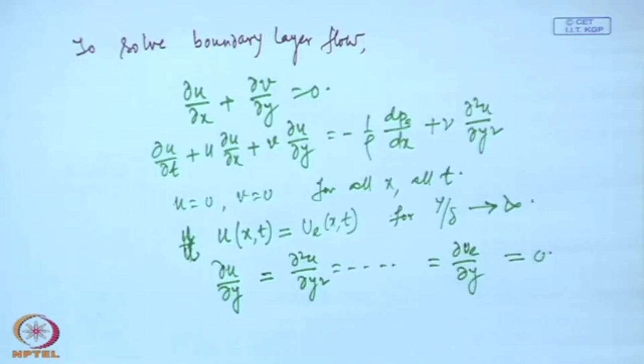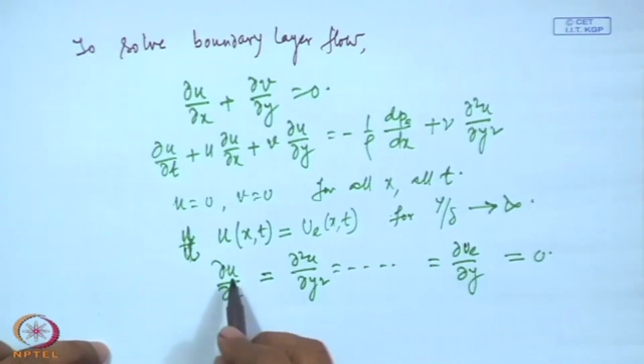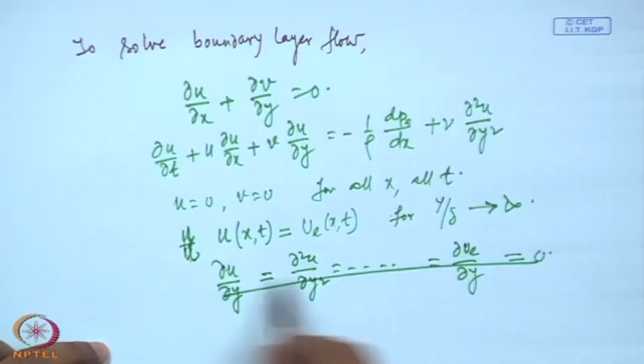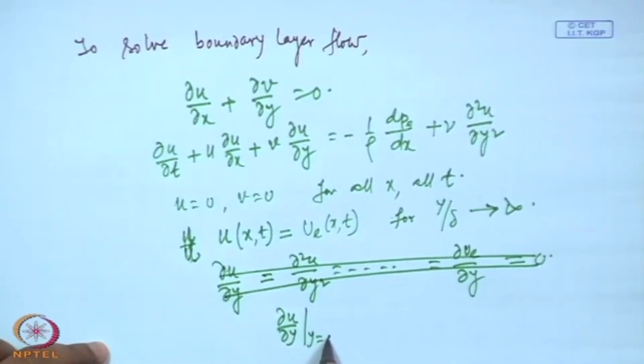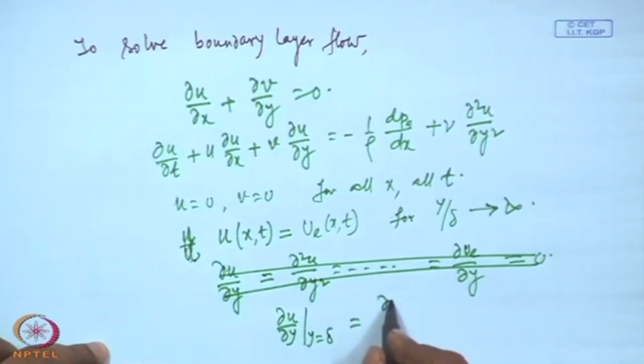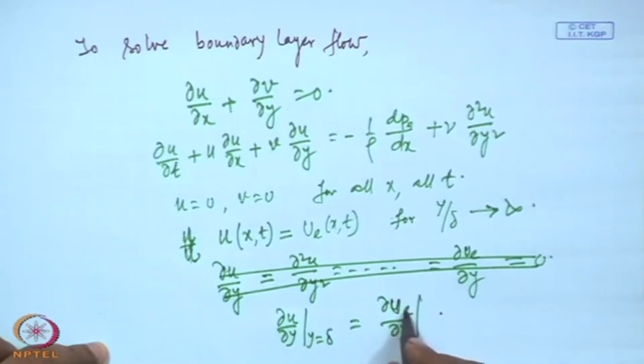This may confuse you a little. Let us write it this way and then finally we will write it. Let du dy at y equal to delta equal to dv dy, but this is at y equal to delta, this is equal to 0.